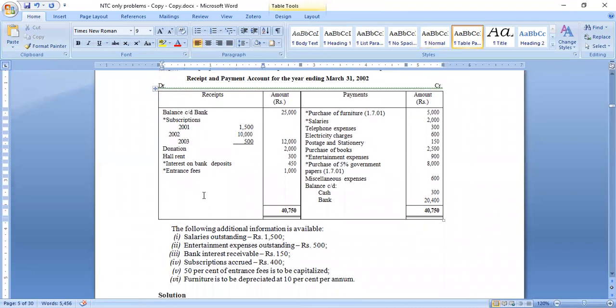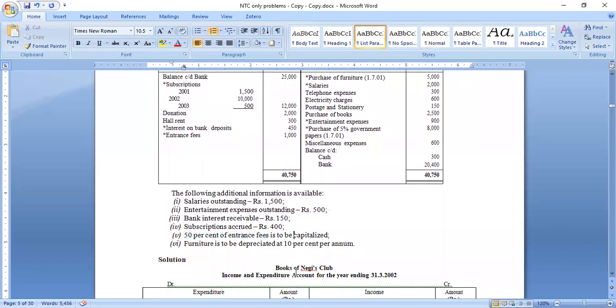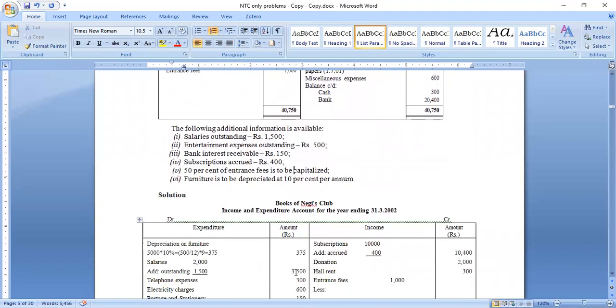So here they mentioned 50% of the entrance fee is to be capitalized, and the remaining 50% we should consider as revenue. So we have to deduct the 50% capitalized entrance fee.